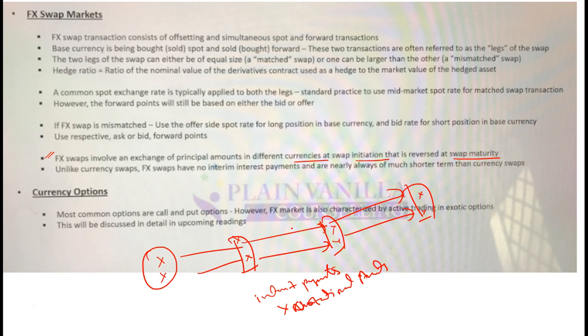That is, you are trying to hedge the actual currency movement. So FX swaps have no interim interest payment, unlike currency swaps, and are nearly always of much shorter term than currency swaps, because they are not hedging the differences in interest rates or borrowing rates or lending rates. They are hedging the changes in the currency exchange rate. So these are the differences between currency swaps and FX swaps.